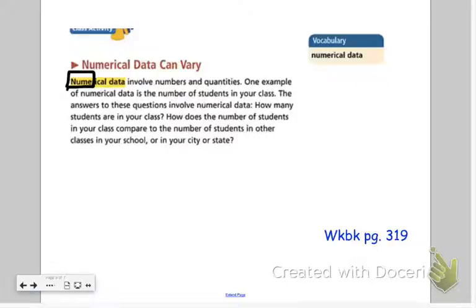So one example of numerical data is the number of students in your class. The answers to these questions involve numerical data. How many students are in your class? How does the number of students in your class compare to the number of students in other classes in your school or in your city or in your state? But numerical data is all about numbers, quantities.